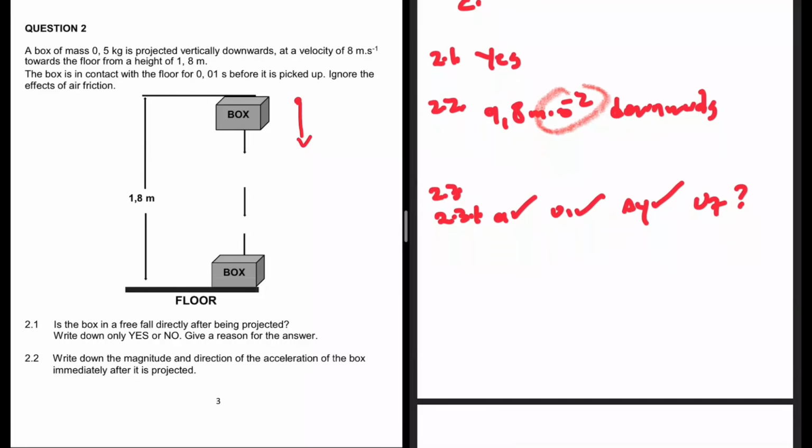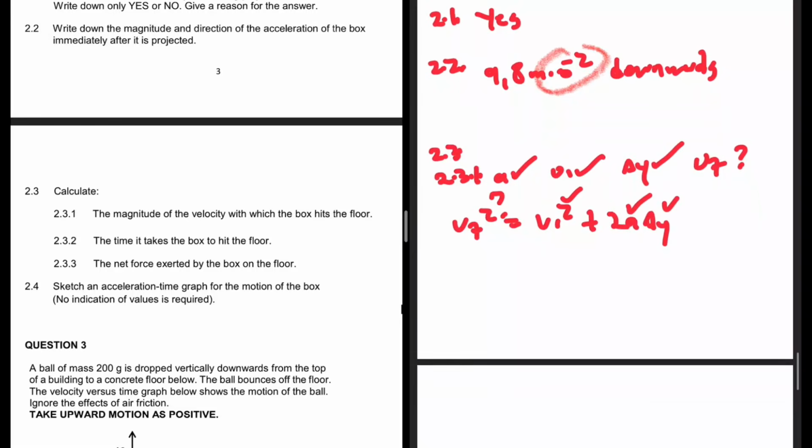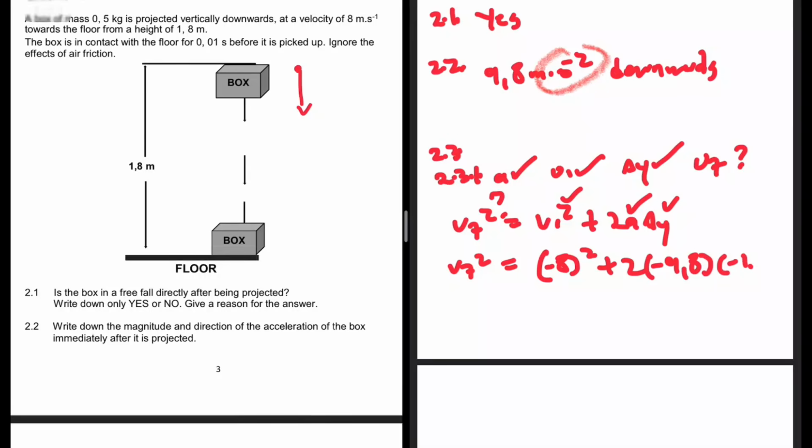Okay, so it should be easy to see that for 2.3.1, the magnitude of the velocity with which it strikes the ground, vf squared equals vi squared plus 2a delta y. We have vi, we have acceleration, we have delta y, we are looking for vf. So vf squared equals, I'm taking up as positive, right? So my vi is minus 8 squared plus 2, my acceleration minus 9.8, and then delta y is minus 1.8.